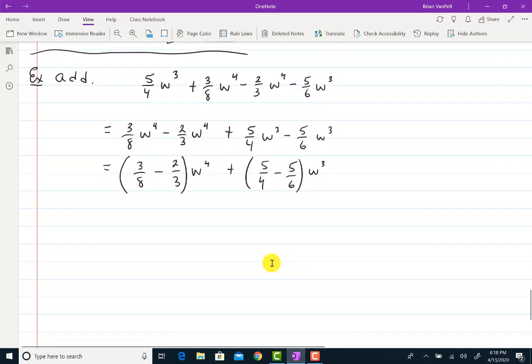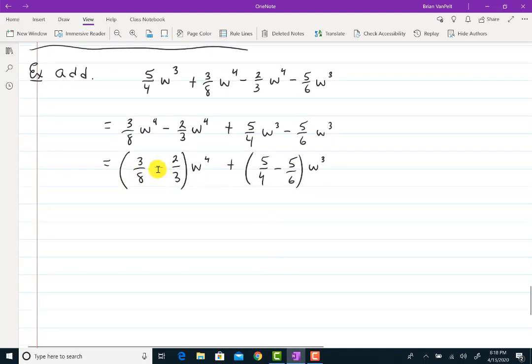In order to do any of these fractions, I need common denominators. For this piece right here, my common denominator will be 24. So 3/8, rewritten over 24, would be 9 over 24. And the 2/3, written over 24, would be 16 over 24.